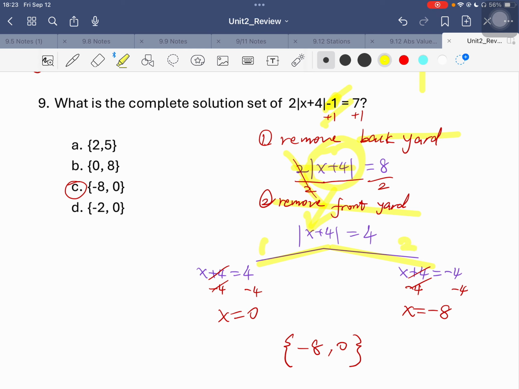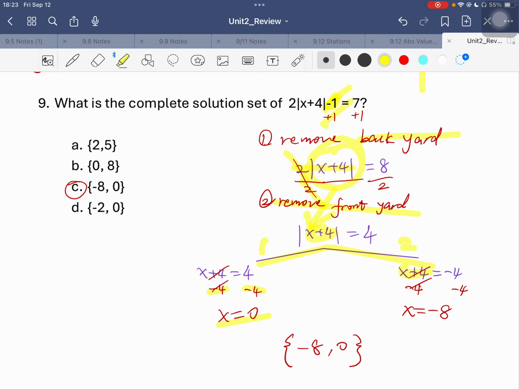Case 1, case 2. Case 1, I just remove the house, x + 4 equal to 4. And subtract 4 on both sides to get rid of the 4 to leave x alone. I have x equal to 0. That's the first answer. There are always two answers for absolute value. And the second one, I also bring down what's inside the house here. Don't change anything.